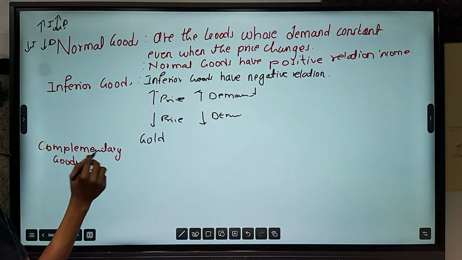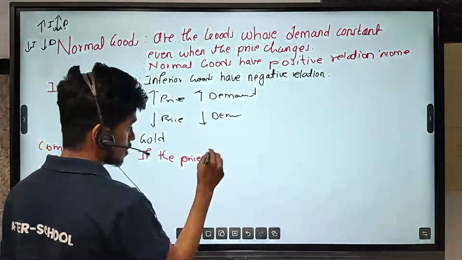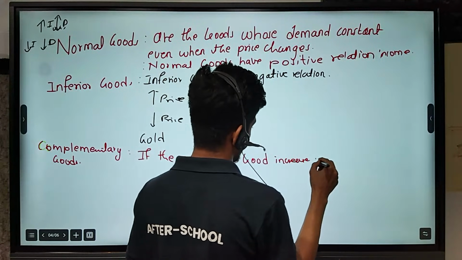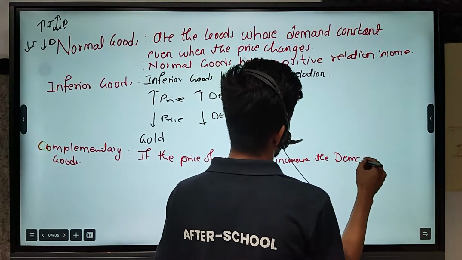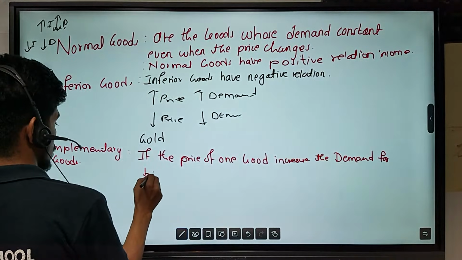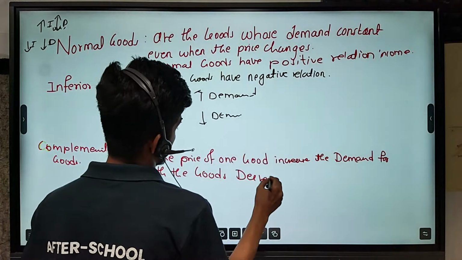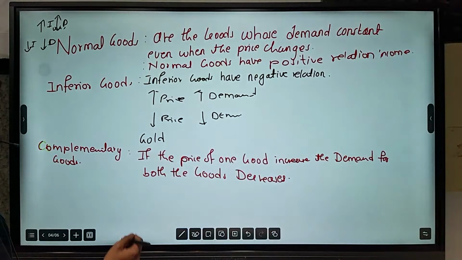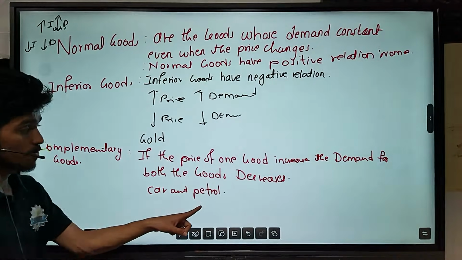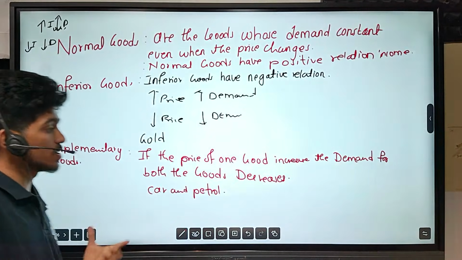Complementary goods are goods where if the price of one good increases, the demand for both the goods decreases. For example, you can take car and petrol. If the price of petrol increases, the demand for both the goods, car and petrol, will decrease.